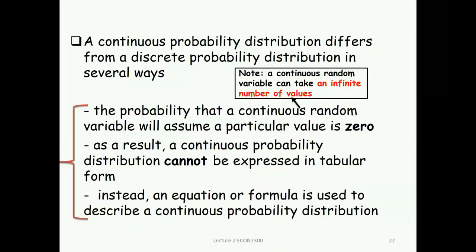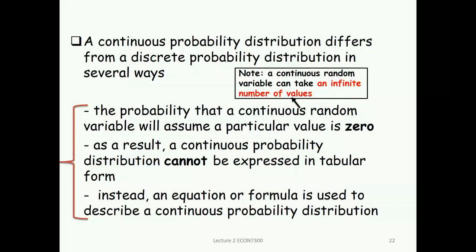A continuous random variable can take an infinite number of values. So if I ask you the probability of picking 1, it would be almost 0. As a result, a continuous probability distribution cannot be expressed in tabular form.